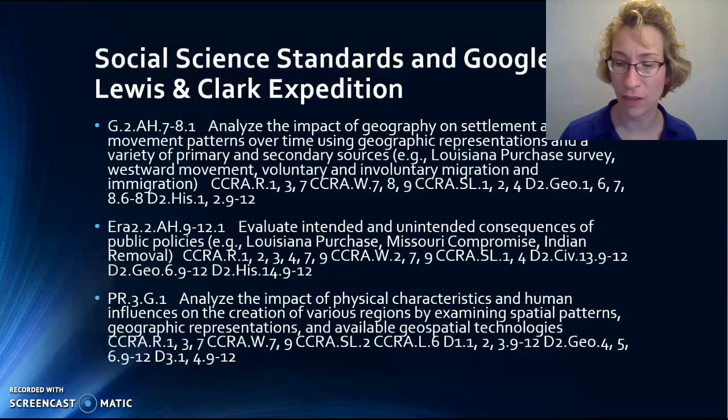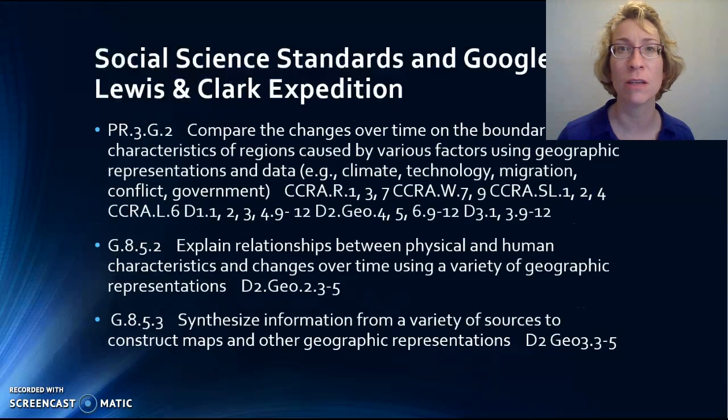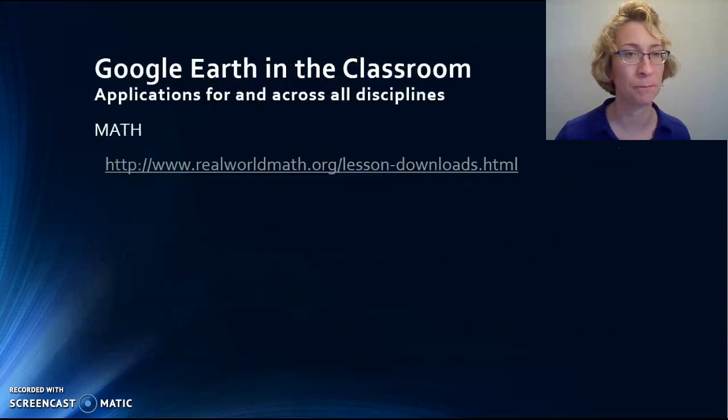We can see the impact of influences on regions determined by spatial patterns. We definitely saw change in boundaries over time with that red polygon of the Louisiana Purchase, explaining relationships and how they change over time with maps and geographic representations.